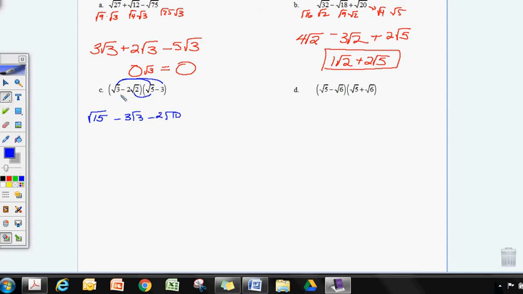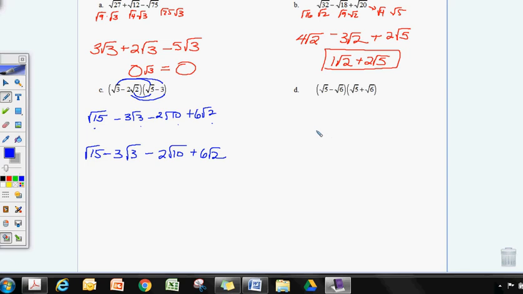And then I'm going to do last. And when I do those last, I'm going to get a positive 6 roots of 2. So now, 15 doesn't simplify, 3 doesn't simplify, 10 doesn't simplify, 2 doesn't simplify. That's my final answer. Square root of 15 minus 3 square roots of 3, subtract 2 square roots of 10, and plus 6 square roots of 2. It's as simple as it goes.